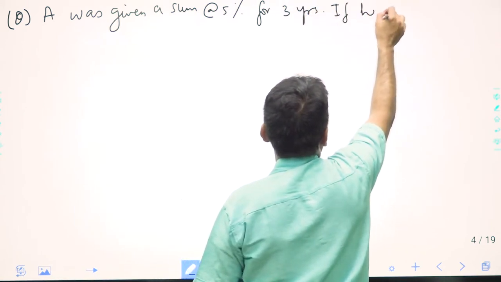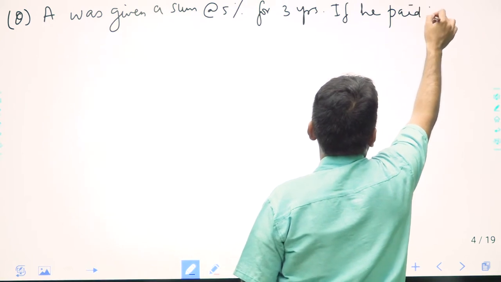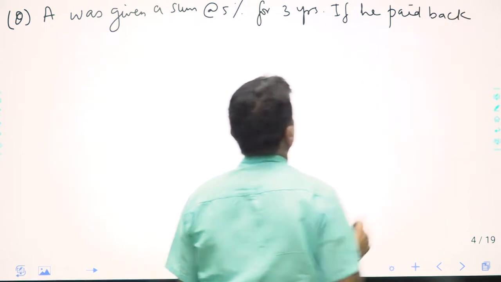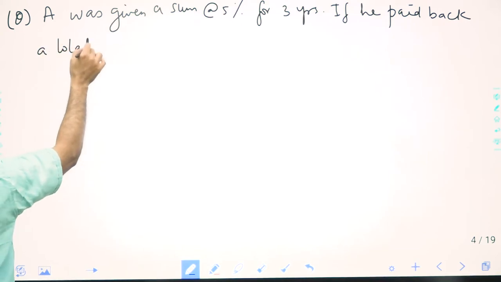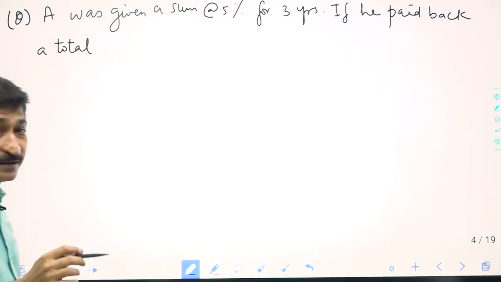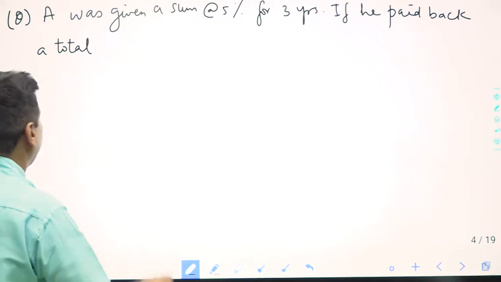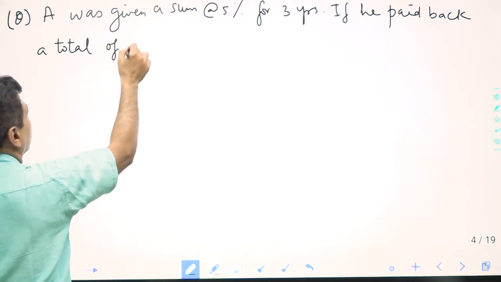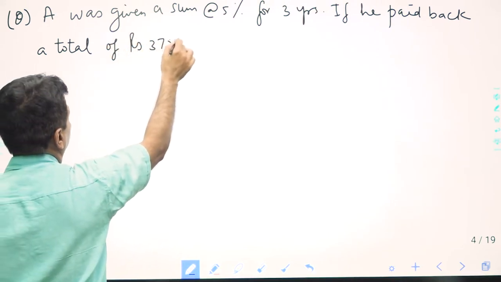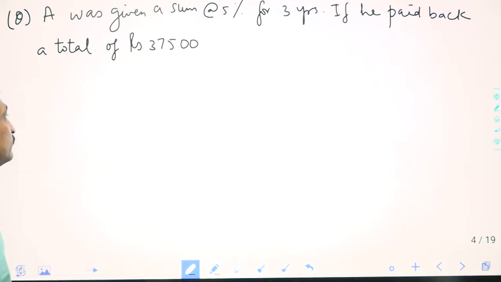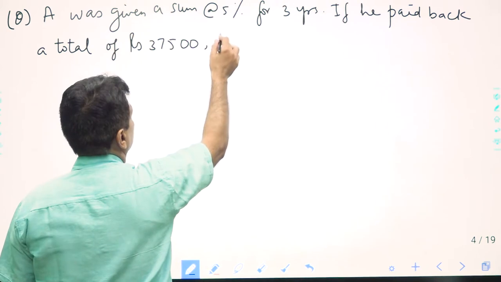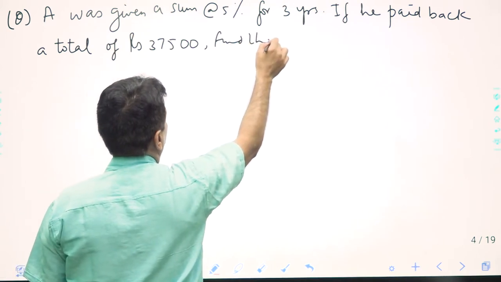If he paid back a total of, paid back, returned back, एक ही बात होती. If he paid back a total of rupees 37,500, find the sum.